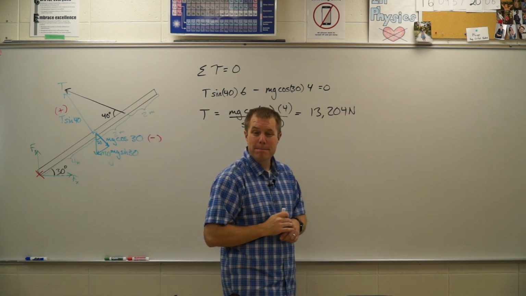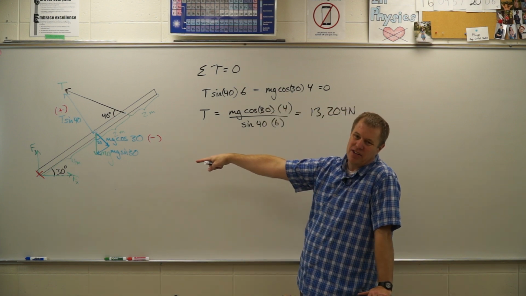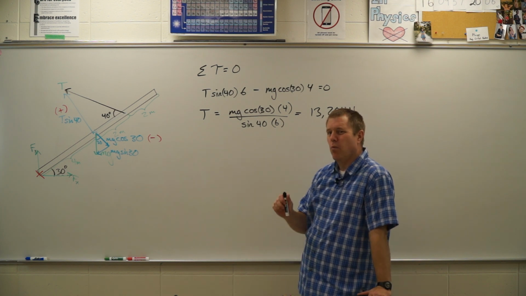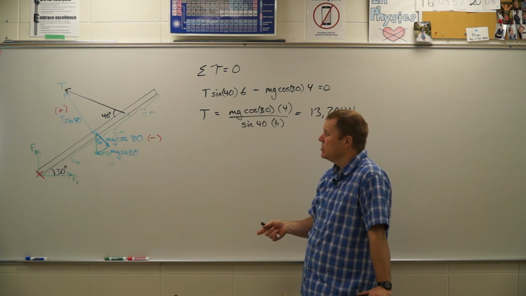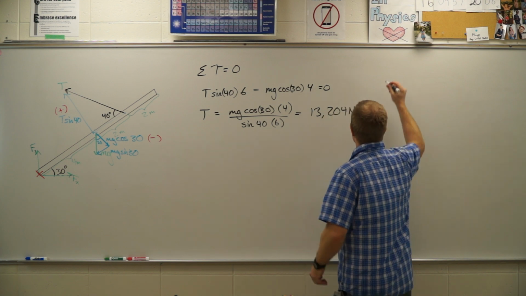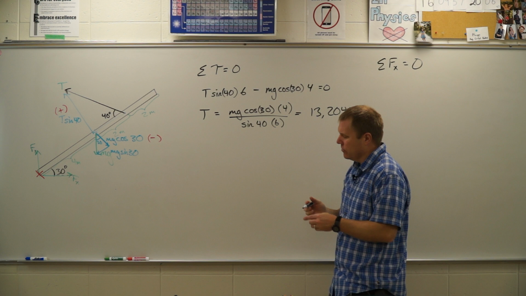Now, for part B, or part C we're on to, we're trying to find that Fx value. Well, it's not in my torque equation, so a torque equation isn't what I want to use for that. What I do want to use is a sum of the forces in the x direction. Again, it's not accelerating.